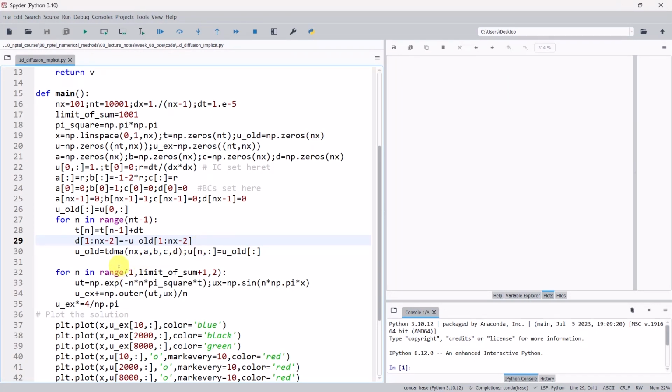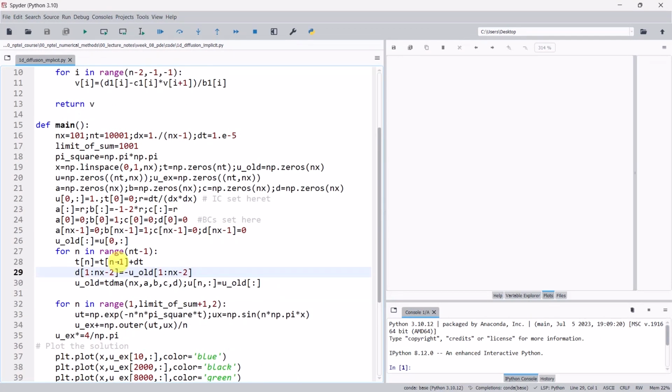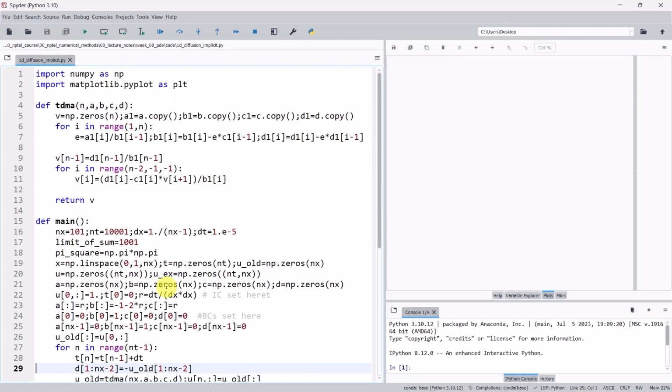Now we can go and look at this TDMA. In the TDMA algorithm, I am taking this ABCD, and nx is the size of the matrix, and I am solving for this unknown. In this case, I have written here V. I am not changing the ABCD itself, because ABCD will change in the Thomas algorithm.